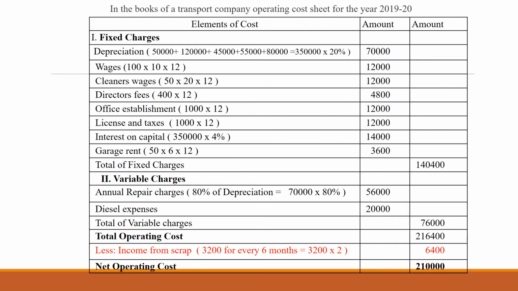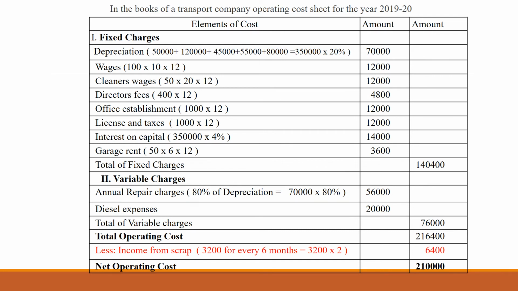Interest on capital we have to calculate on the cost of the buses, so 3,50,000 into 4%, so 14,000. Garage rent 50 for 6 garages, so 50 into 6 multiplied by 12, 3,600. So total of fixed charges is rupees 1,40,400.